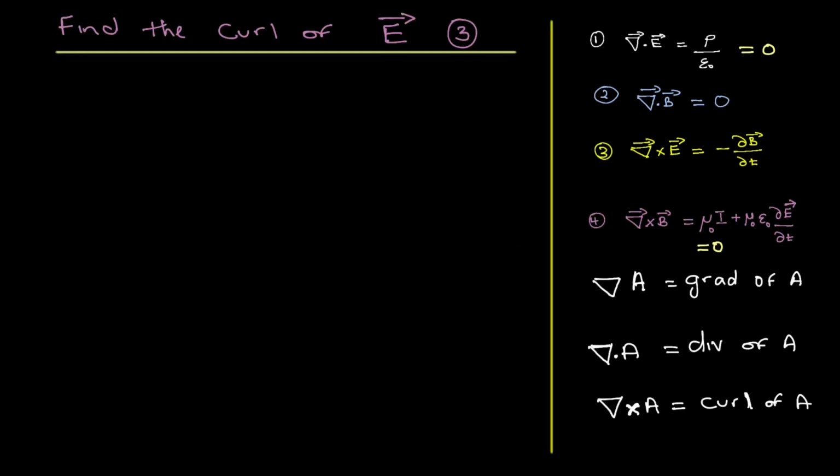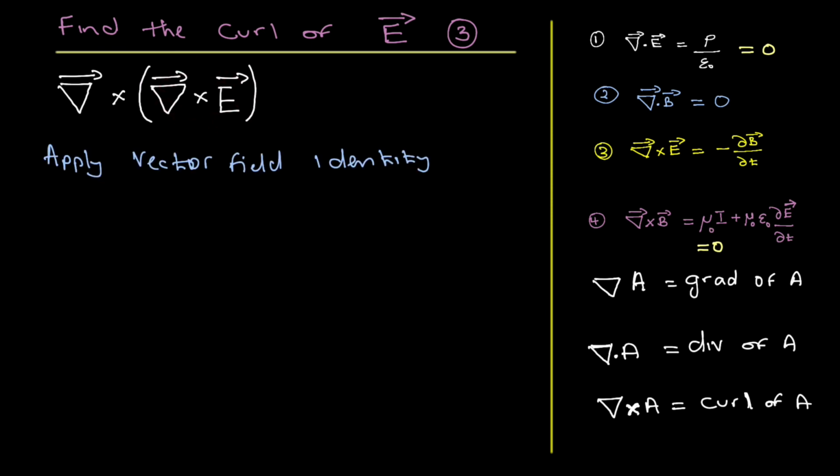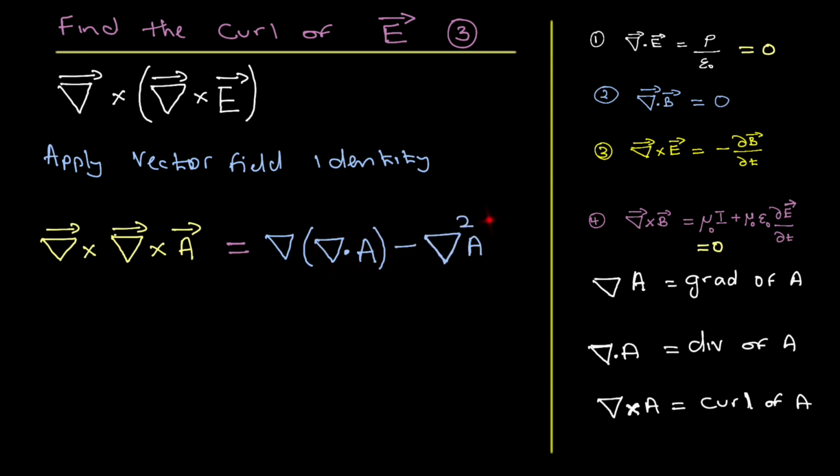We need to find the curl of electric field. So we're using equation number 3, finding the curl of electric field. To do that, we need to apply a vector identity. The vector identity is the curl of the curl of vector A can be written as the grad, that means the gradient, of the divergence of A minus the Laplacian of A. The Laplacian is the square of this del, and we need to apply that to this one.